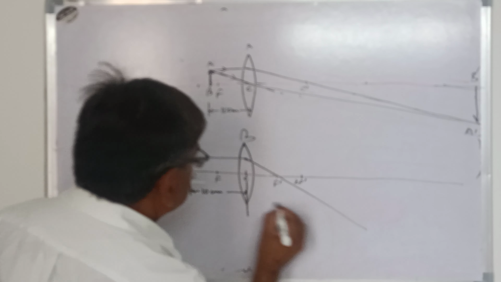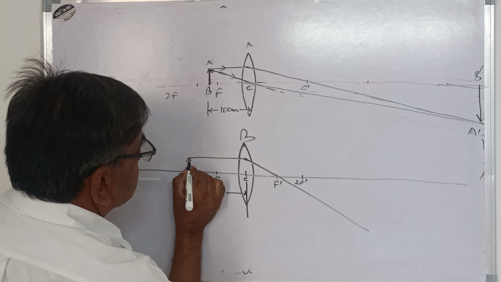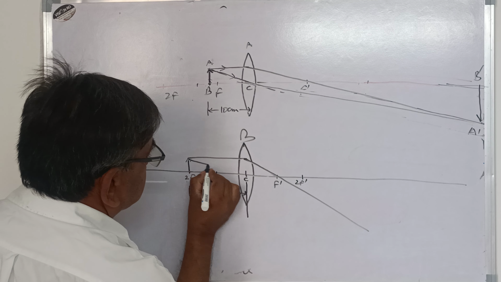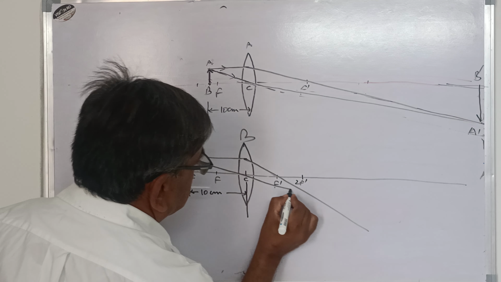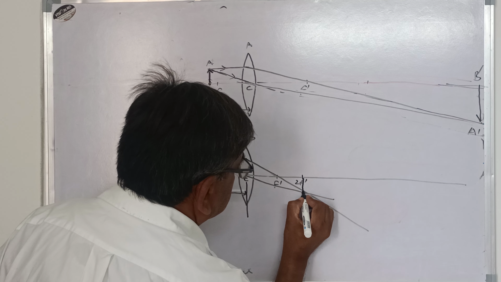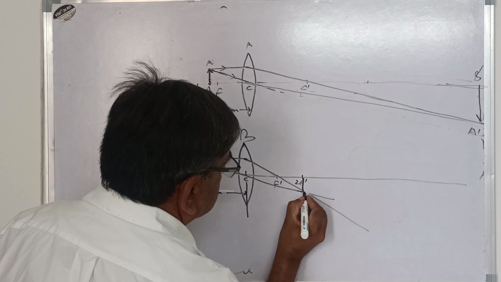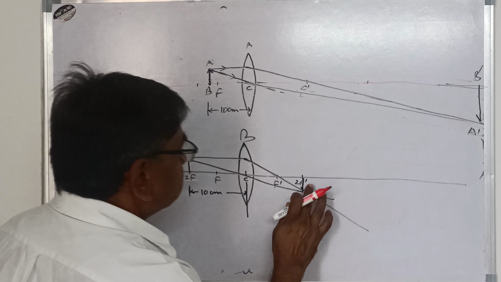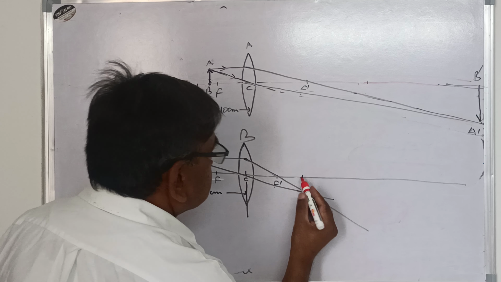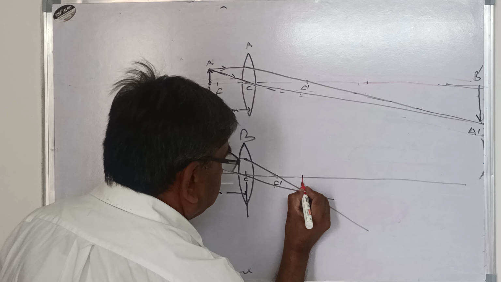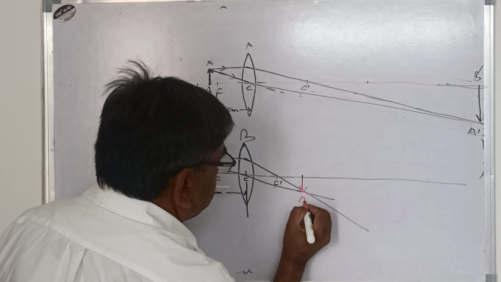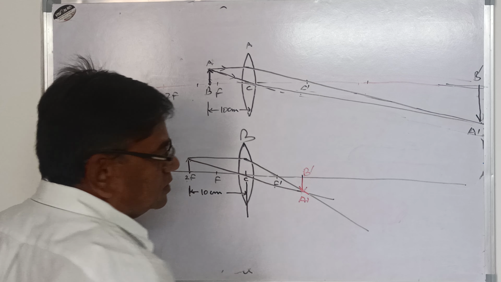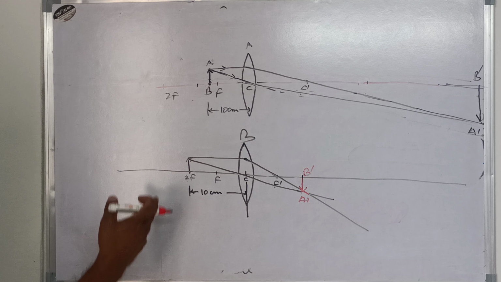This will pass from here and take another ray passing from here. So this will be the here. They will cut at each other here. A dash, B dash will be the image. This will be the situation.